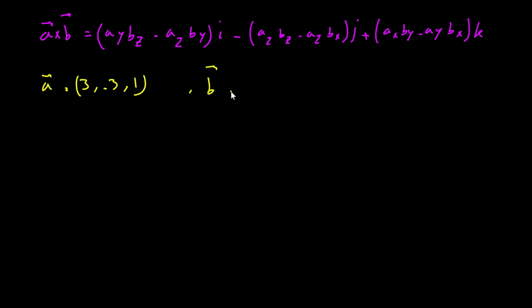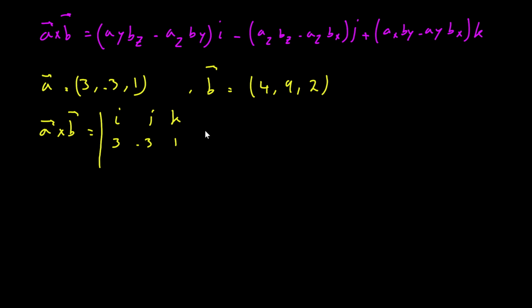Vector B, 4, 9, and 2. And I want to do the A cross B. I write my matrix I, J, K. First row, 3, negative 3, 1. Second row, 4, 9, and 2. And I do the multiplication.